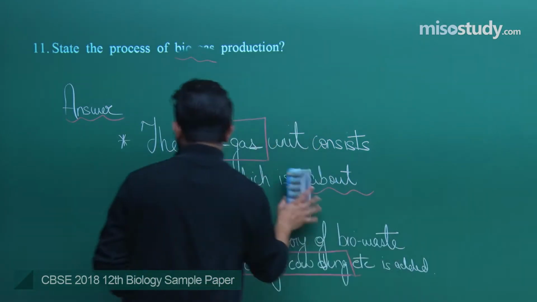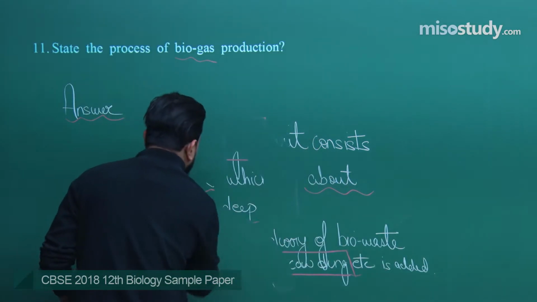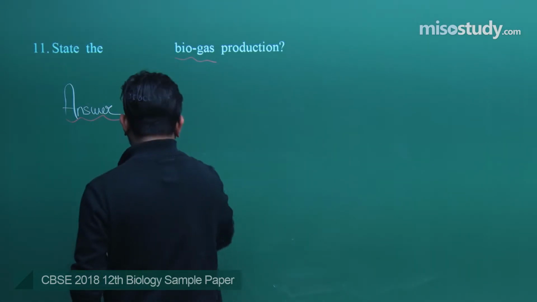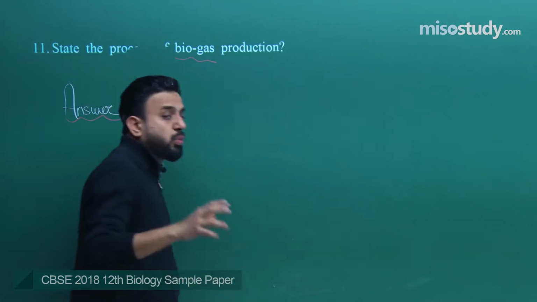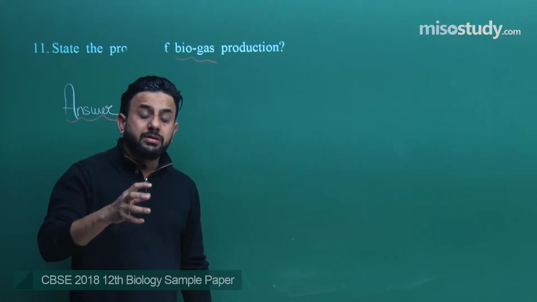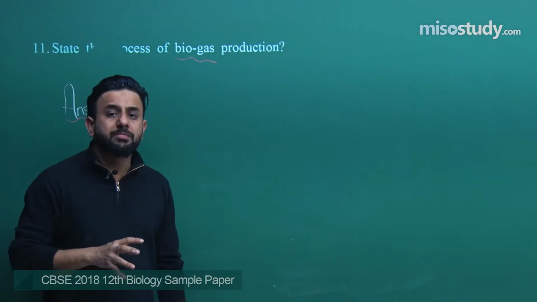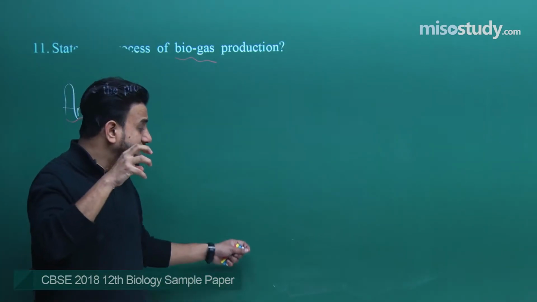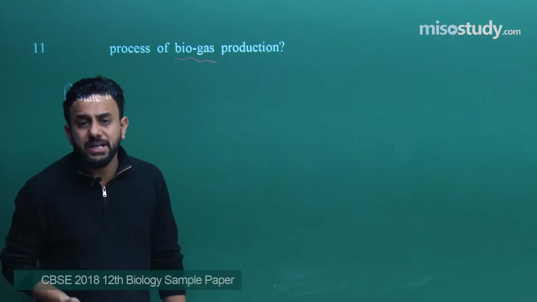Then what will we see? We have already added the biodegradable material. Since we know that biogas contains mainly methane, we now add methanogens. Methanogens are a group of bacteria which will act on these biodegradable substances and produce methane.